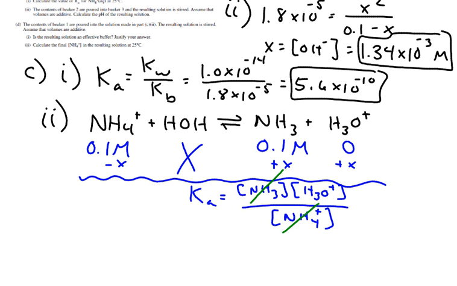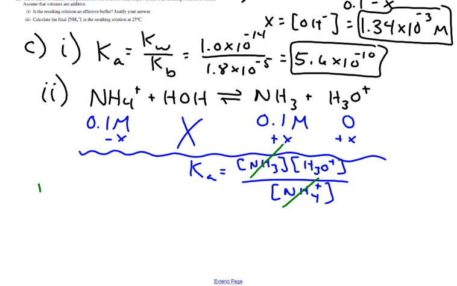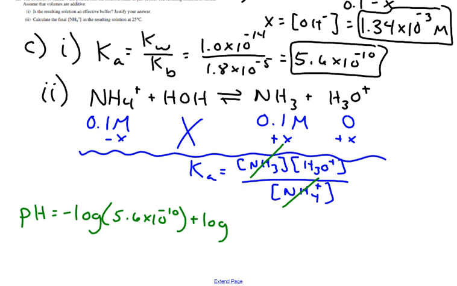I'm looking at the points. 1 point is earned for noting that the solution is a buffer. So either you could have crossed them out here, or the fact that you used the Henderson-Hasselbalch equation, you get a point for that. I did the Henderson-Hasselbalch. I'm going to write that out once. I did this, did that.